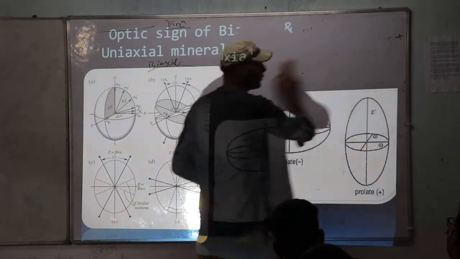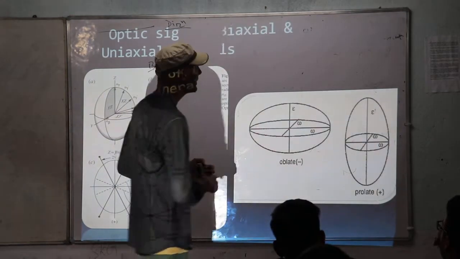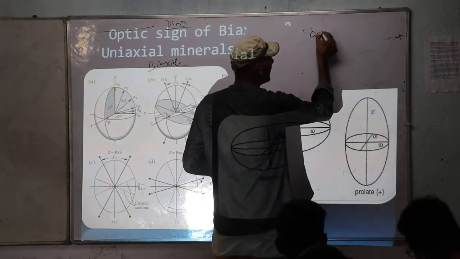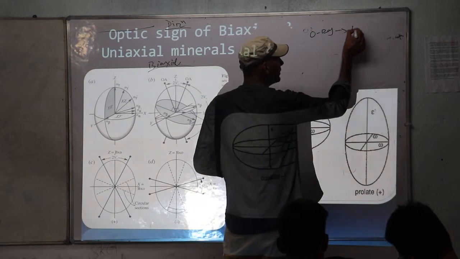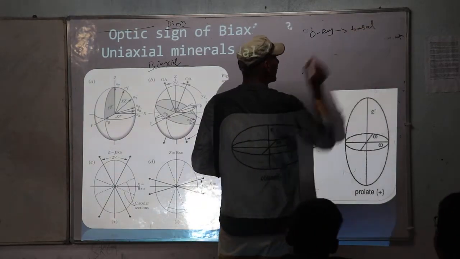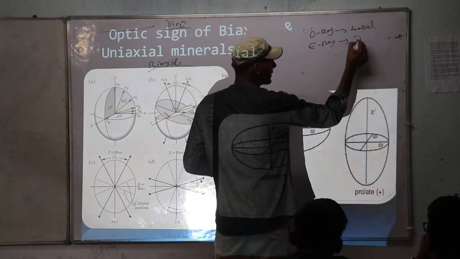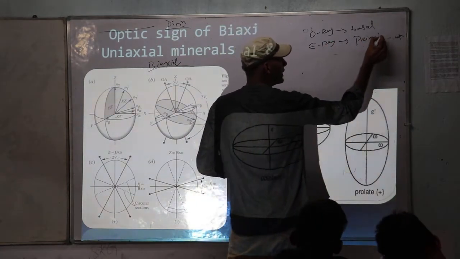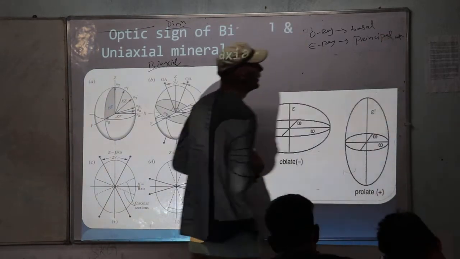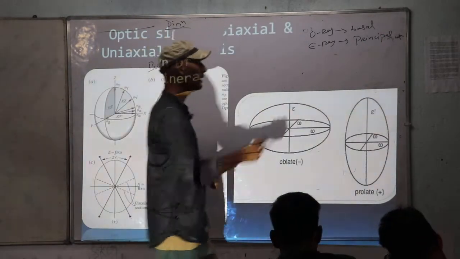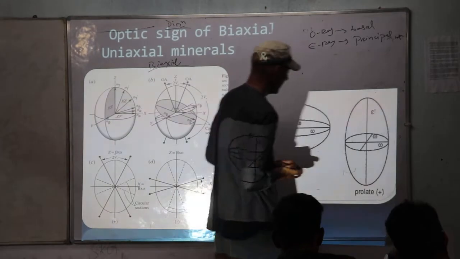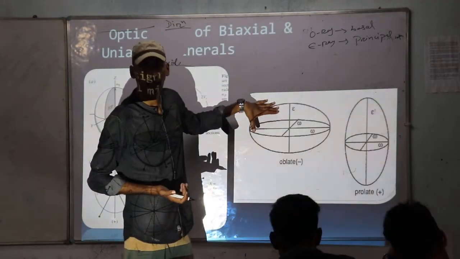So what happens? I have told you that the ordinary ray vibrates in the basal section, and the extraordinary ray vibrates in the principal section. Or you can say the ordinary ray vibrates in the AB plane.